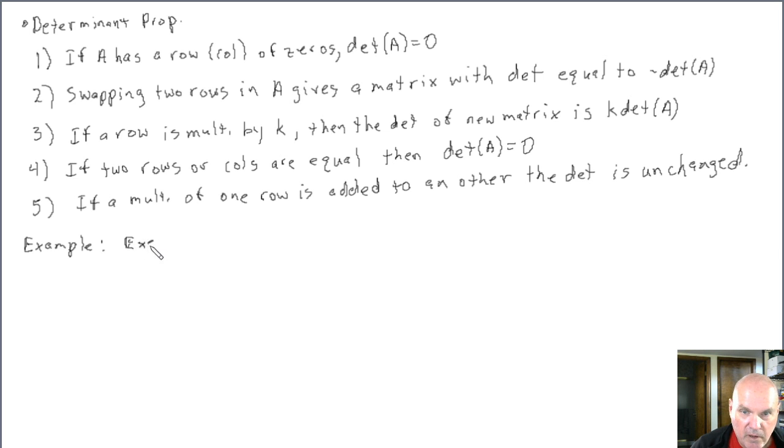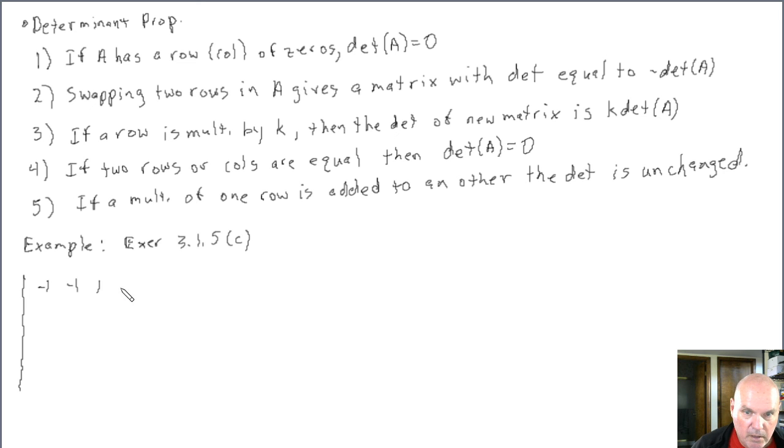This is exercise 3.1.5 C, where we're asked to calculate the determinant of a 4x4 matrix. Again, in general, that would be pretty difficult or time consuming.